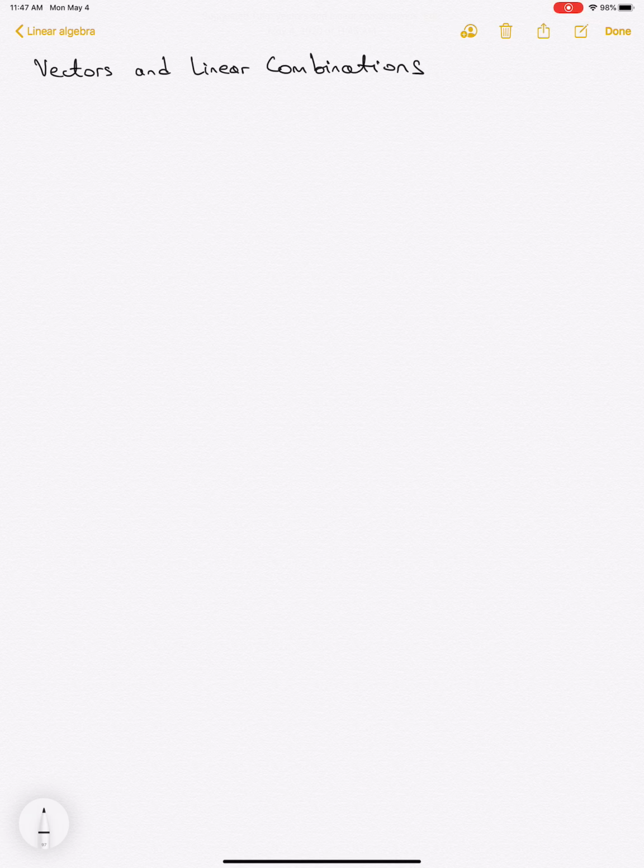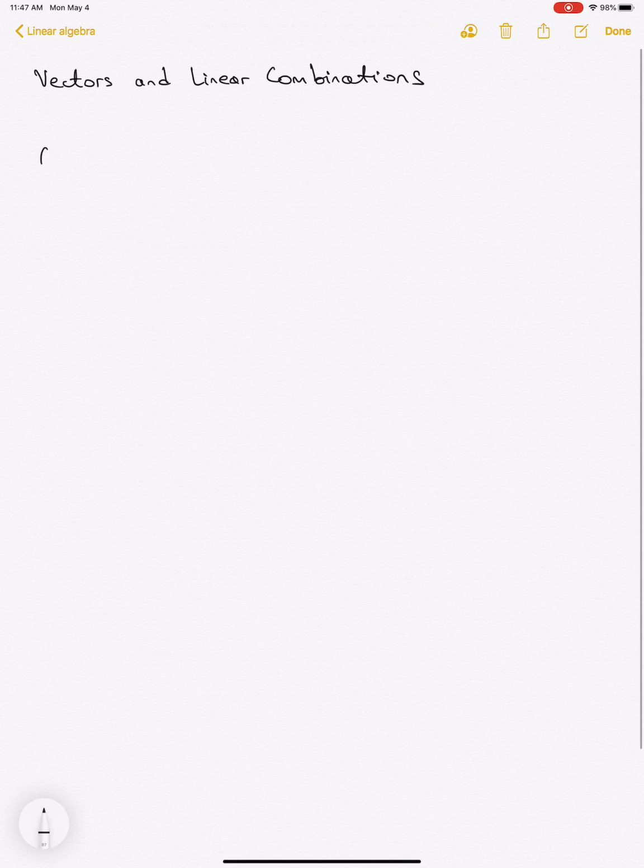Now, let's start with something easy. We're going to start with two-dimensional vectors. That's vectors with two components, and then we'll go to vectors with three components, and then generalize to n components, so an arbitrary number of components. Here's a typical column vector, V, with components V1 and V2.